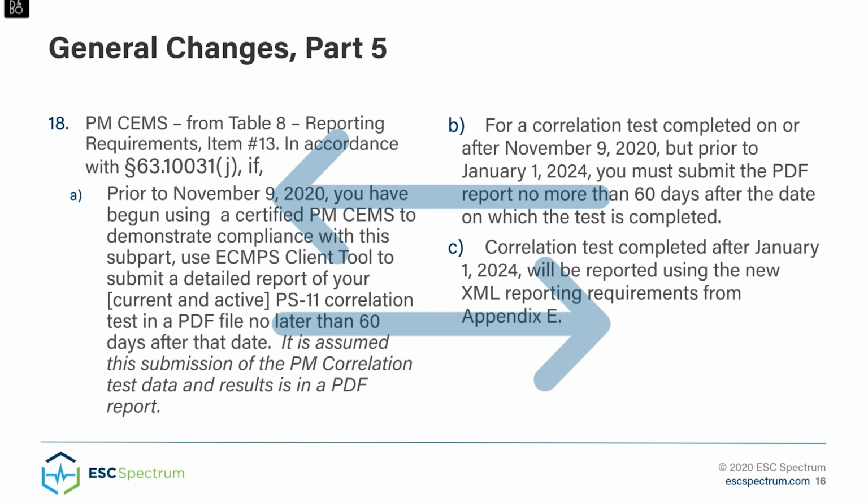And then, if you perform any correlation testing or certification-related activities after January 1st, 2024, instead of submitting a PDF file, you'll now have to submit that appropriate information following the requirements specified in Appendix E. So again, everything kind of comes back to Appendix E. That's where you'll handle submitting all this data and information electronically.